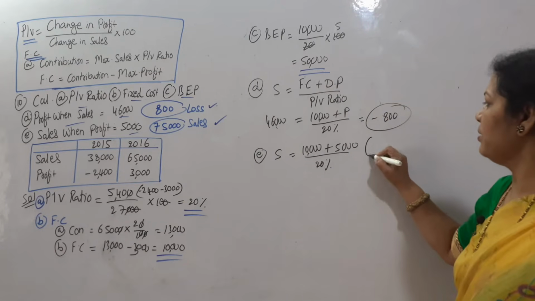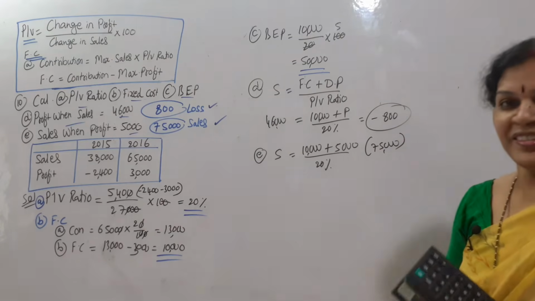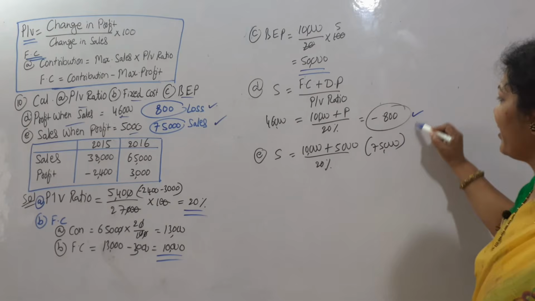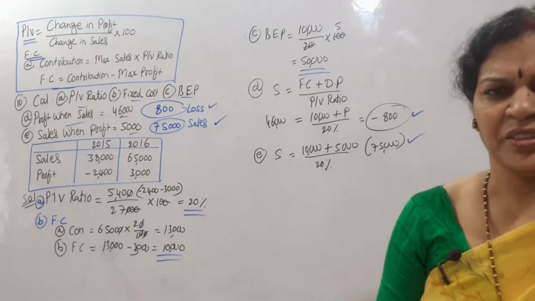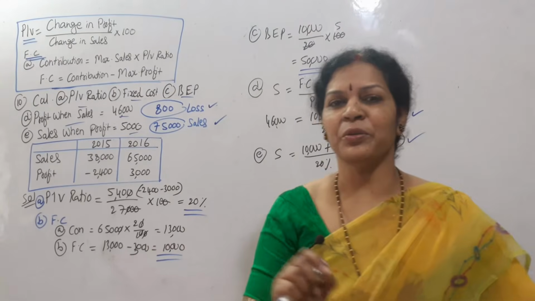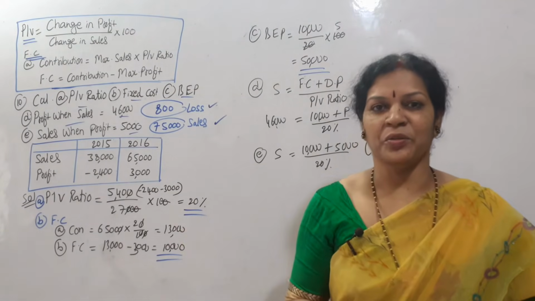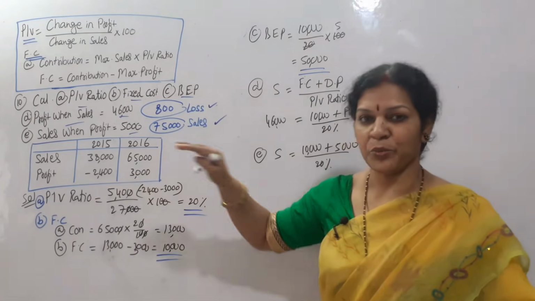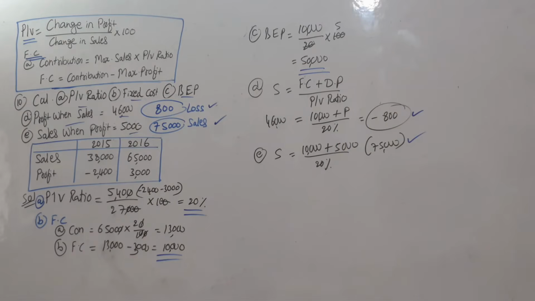The answer will be 75,000. This is your homework calculation. That's all for the rest of the problem. If you haven't noted anything, take the same problem in your notes up to here and try to work it out by yourself. By the way, take a screenshot or note down this problem.